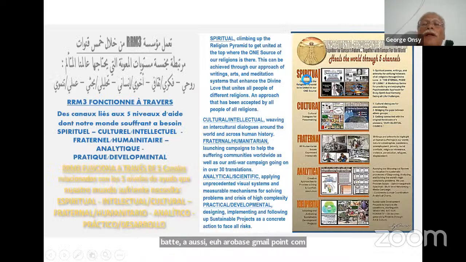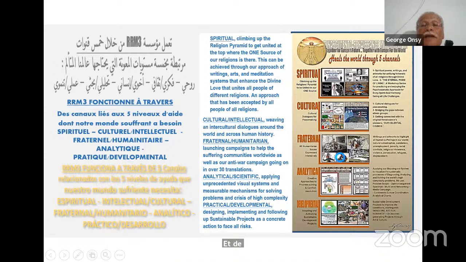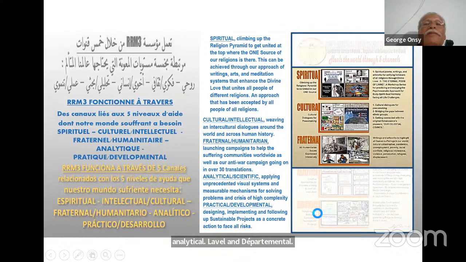We are talking here about the practical side, but RRM3, as I told you before, works on different levels: the spiritual level, cultural level, fraternal or humanitarian level, analytical level, and developmental or practical level. Okay. So to concentrate, we talked about the practical level and analytical level.